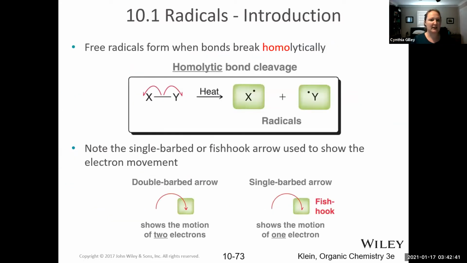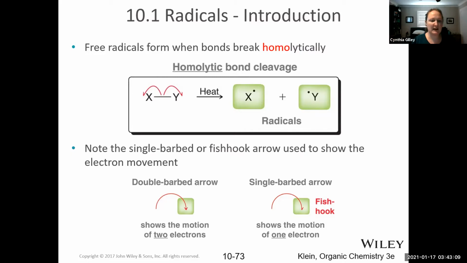Okay, I want to talk a little bit about radical reactions. So this was only one chapter in the book because there's not a whole lot of radical reactions to know, but it is still important. Recall that if we have a weak bond, we can either shine light or heat the substrate up, and the bonds can break homolytically as well as heterolytically.